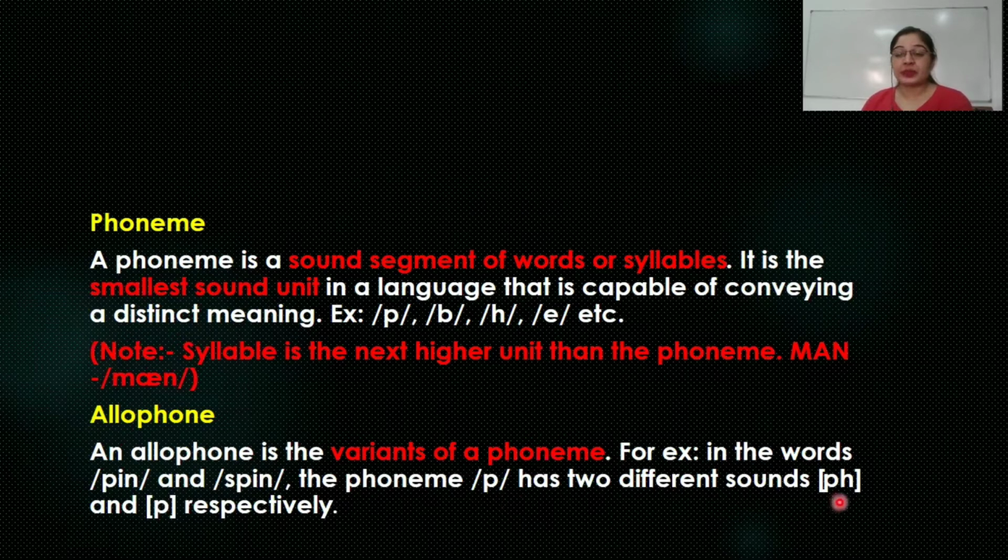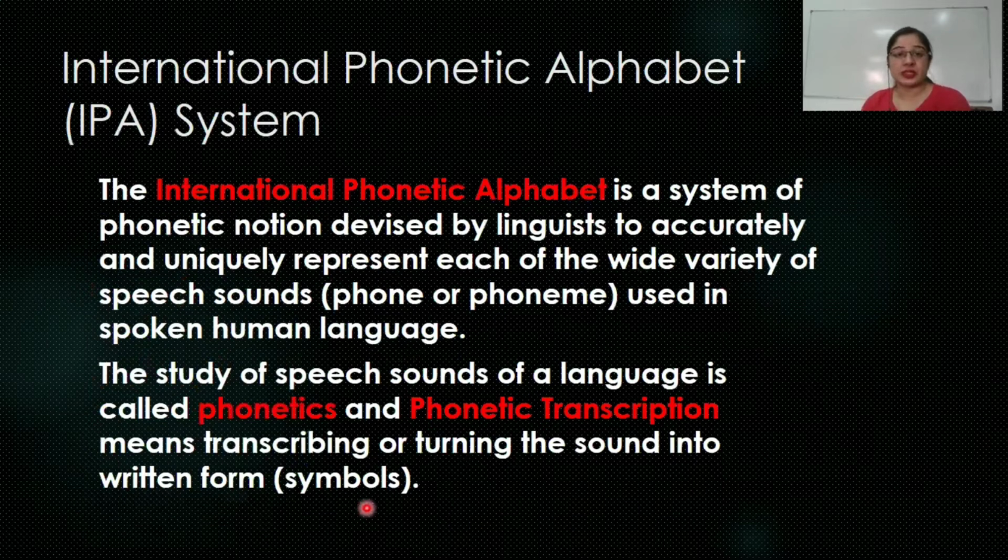Pin, P; spin, P. So this is the variation of a phoneme. Again, this is the smallest unit, but the smallest units also have some variants in certain sounds, in certain letters. So this is about the variation.